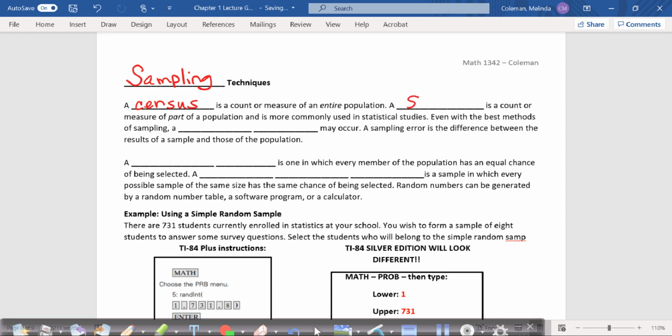A sampling, then, is a count of part of the population. So when we do the census every 10 years in the United States, the hope is to get the entire population. Where if we're going to do a sampling, then that's going to be more commonly used because now we don't have to pick the entire population. We can look at just a piece of that. However, with that sampling also comes a sampling error.